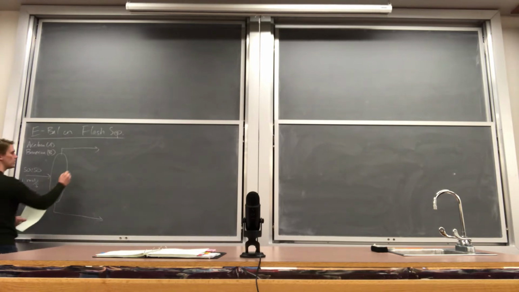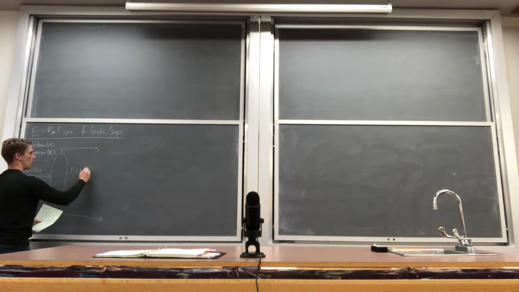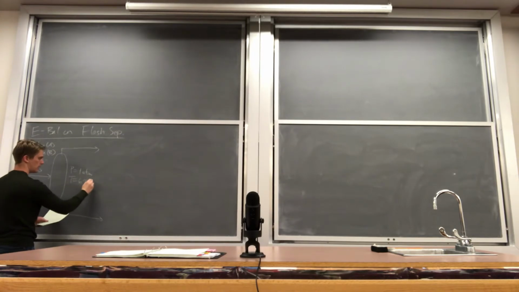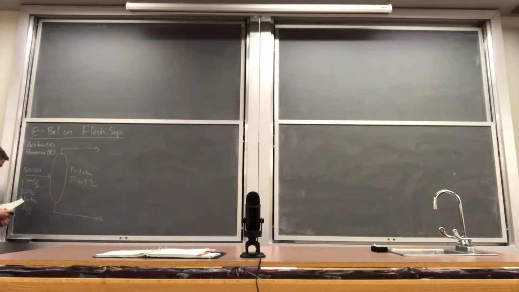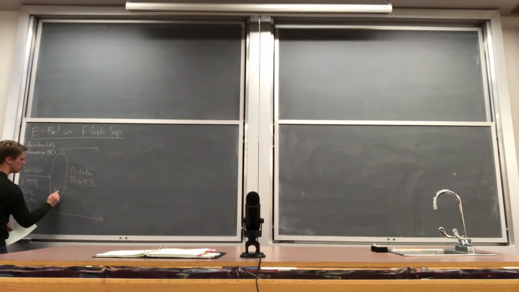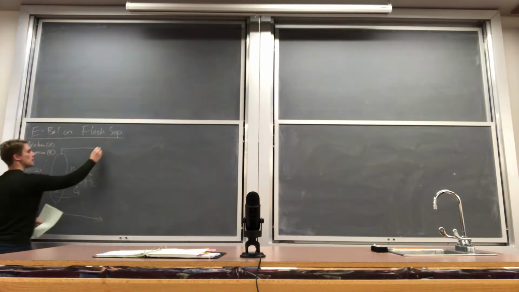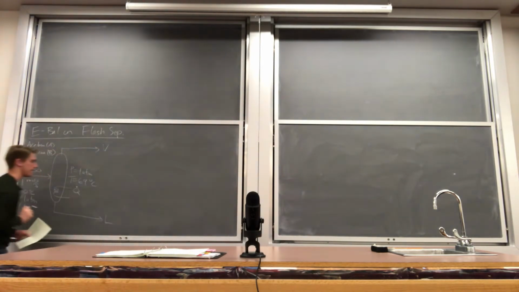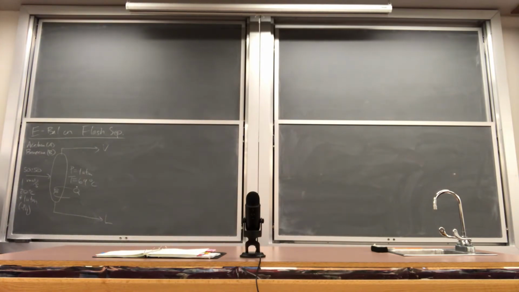We're going to operate the flash separator at 1 atmosphere pressure and at 69 degrees Celsius. We have an unknown heat requirement. Vapor stream and a liquid stream. This is it.